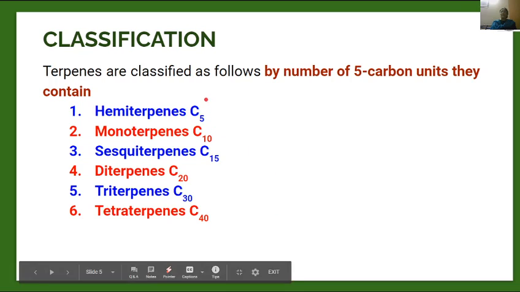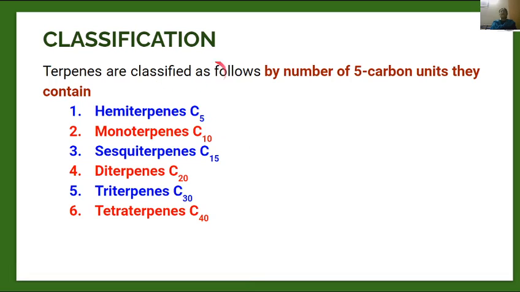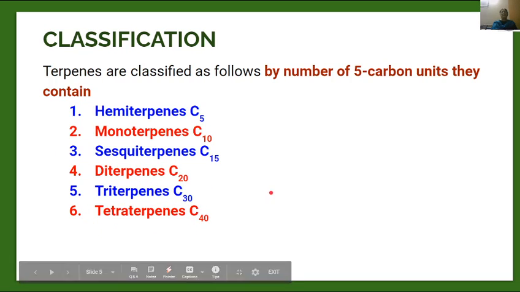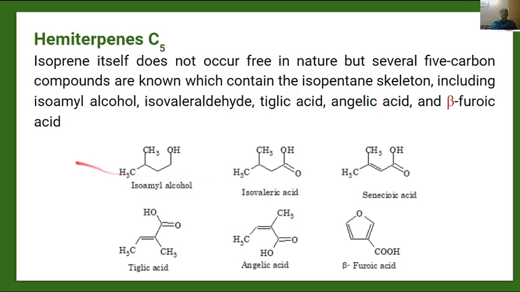Terpenes are classified by 5 carbon units, that is, basic isoprene units. First are hemiterpenes, which are C5 moieties, then monoterpenes C10, sesquiterpenes C15, diterpenes C20, triterpenes C30, and tetraterpenes C40. Hemiterpenes have the general formula C5.